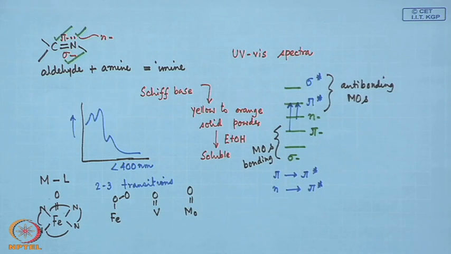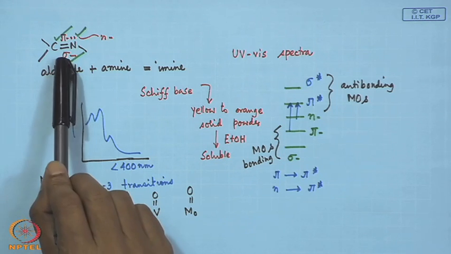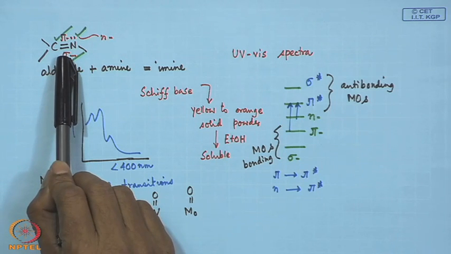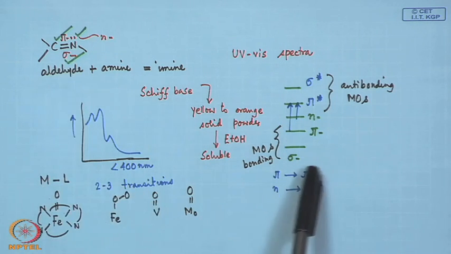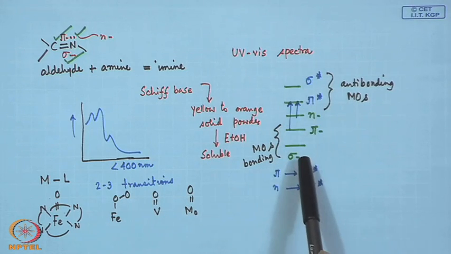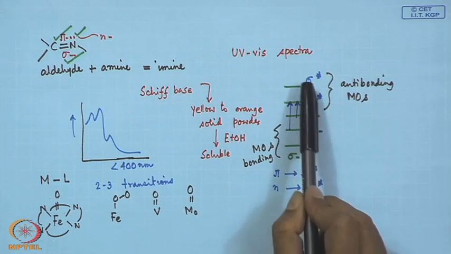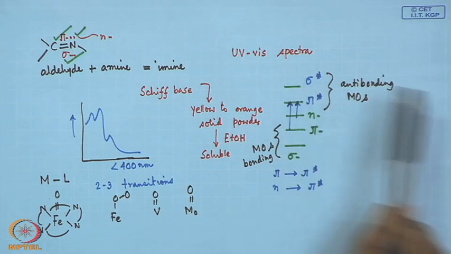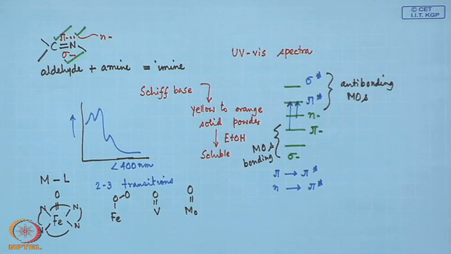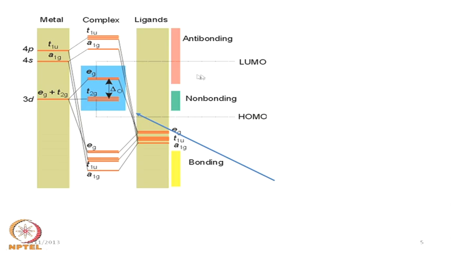So, these all basically give us the same sort of interaction what we see in case of this corresponding Schiff base formation. So, the energy ordering for this sigma, pi, n, pi star and sigma star will also be the same if we go for the corresponding bonding, non-bonding and anti-bonding levels for this molecular orbital picture involving these metal centers.